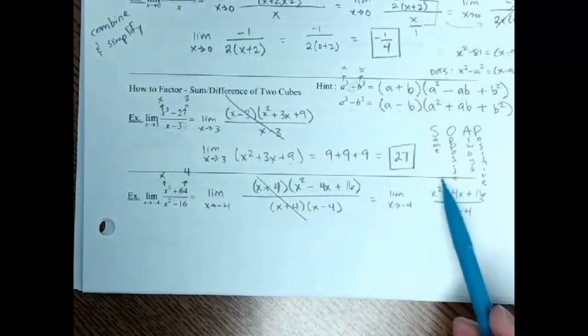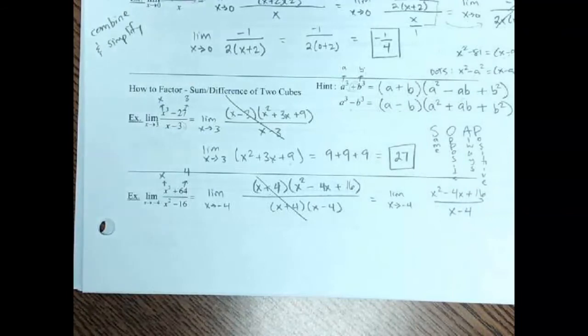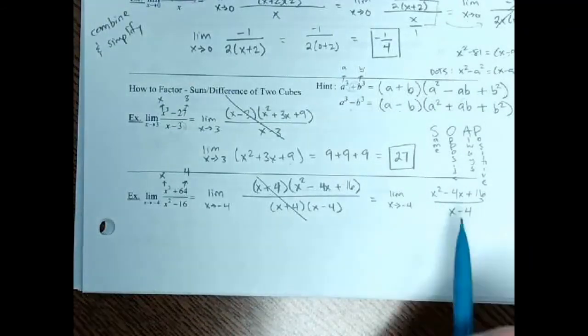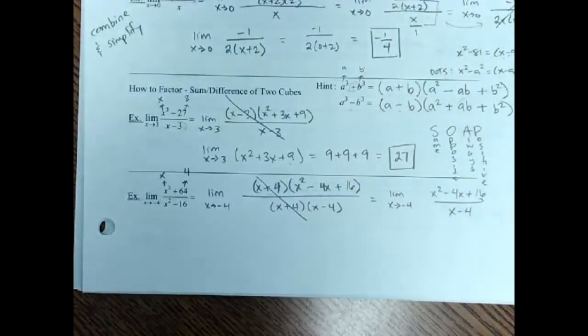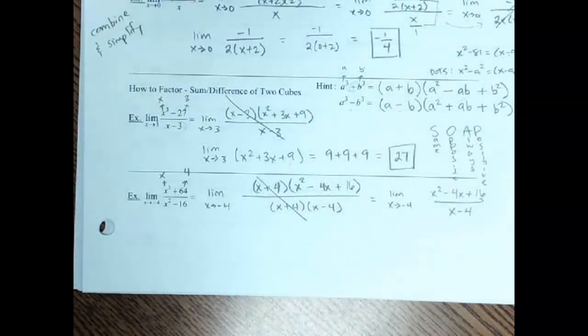Typically, this is just a quadratic that doesn't factor. It's not going to have two more nice roots for you. You could try to spin your wheels and get that numerator factored, but you're most of the time just going to be wasting your energy because typically that does not factor any farther. But that's okay, right? I factored and reduced, so now I'm going to try to evaluate it.